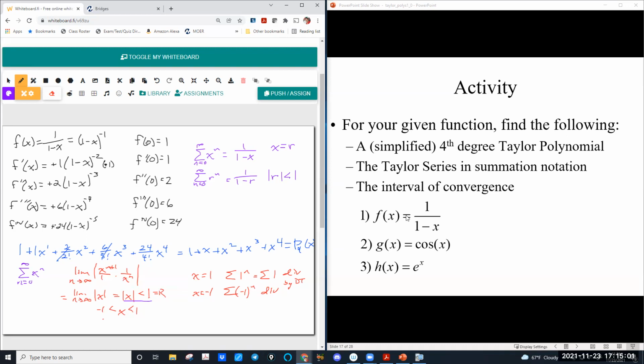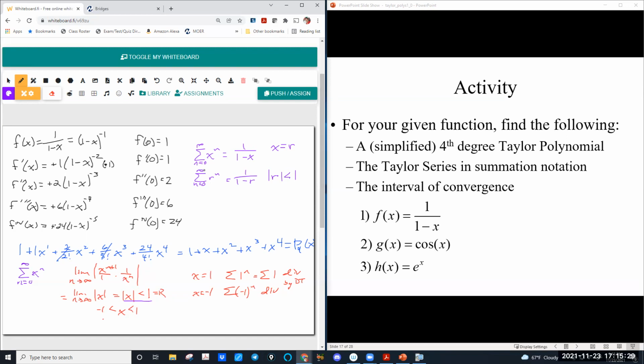We actually did this in reverse. Back in section 8.2, in the lesson, this formula was derived for the sum of an infinite geometric series. Now what we're doing is taking the formula of the infinite geometric series and finding its Taylor series to show that it is the sum of an infinite geometric series.